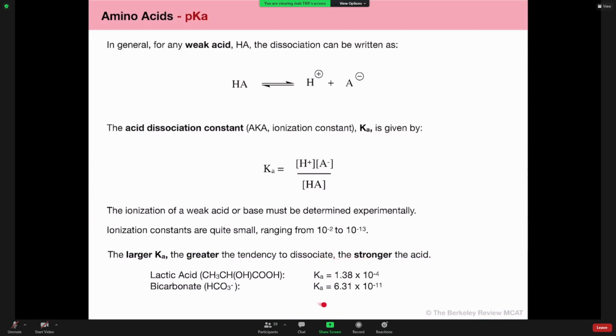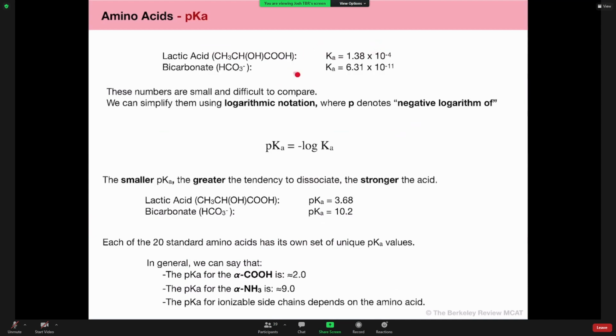Okay, but just for reference, it's always good to have reference numbers. These are the ionization constants for those two species. All right. And so when you look at these numbers, whether in everyday life or in papers, it's really difficult to compare. Our brains simply don't work well when we're dealing with 10 to the negative 11 or 10 to the negative 4.